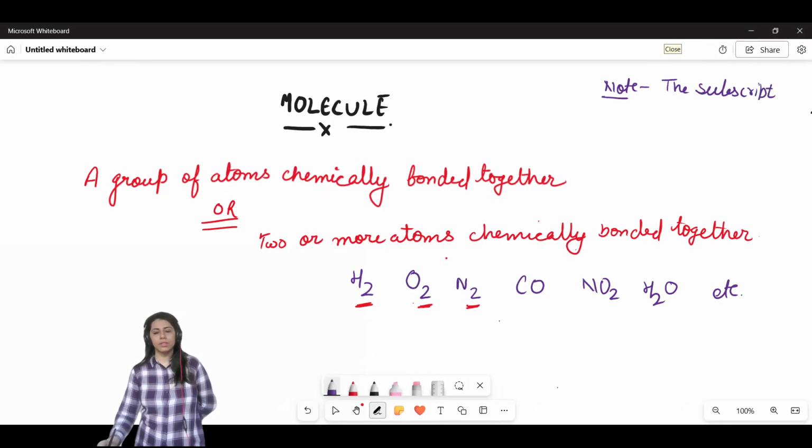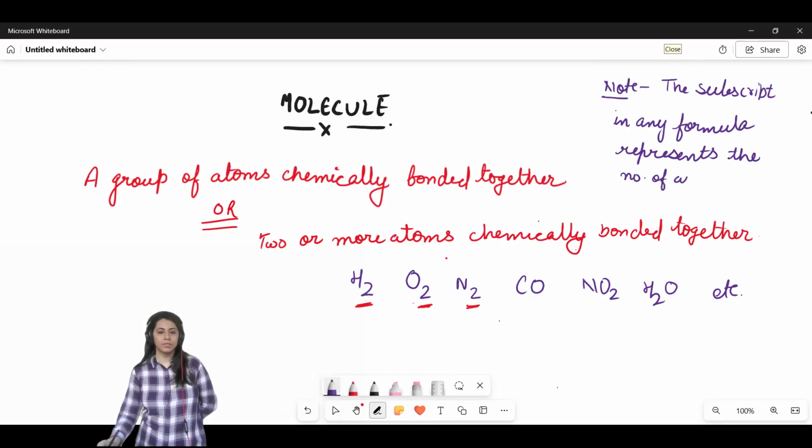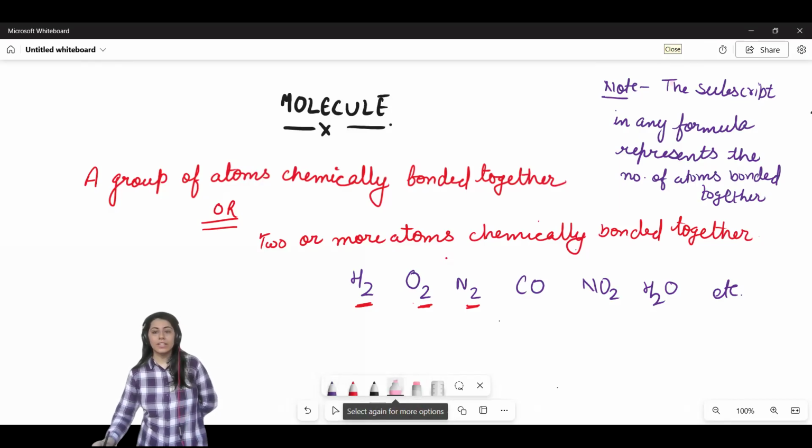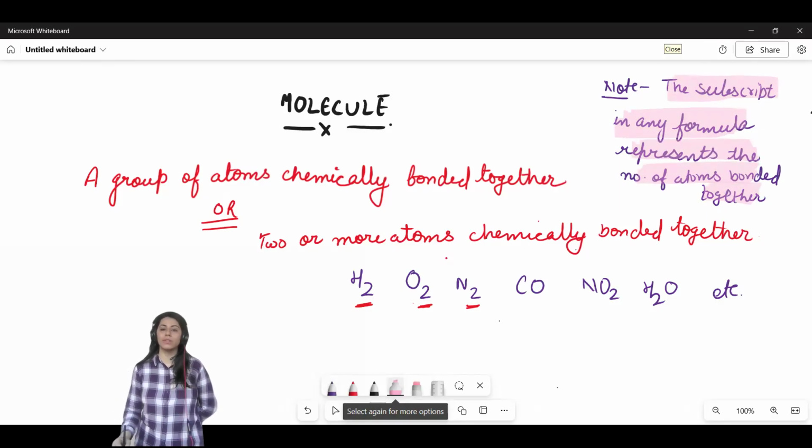So the subscript in any formula in chemistry represents the number of atoms bonded together. That is something we need to remember.